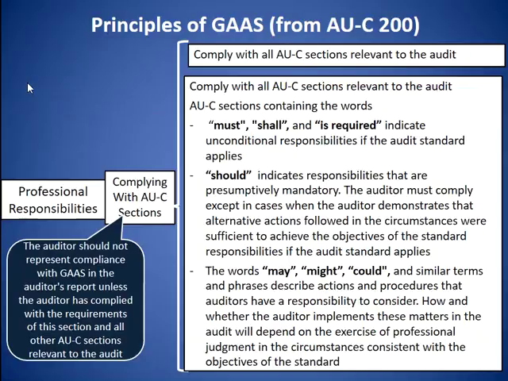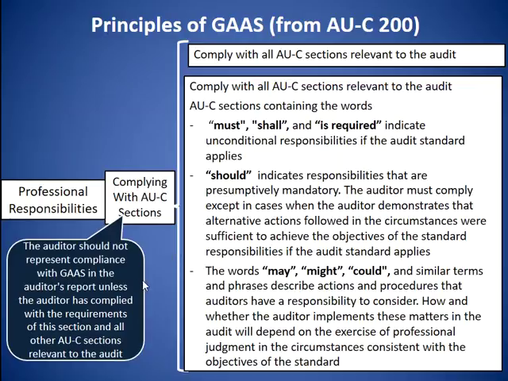Okay, now this we went over originally in our first class, but again, this is very important. When we're dealing with the clarified standards, generally accepted auditing clarified standards, first of all, we are required to comply with all AUC clarified sections relevant to the audit.